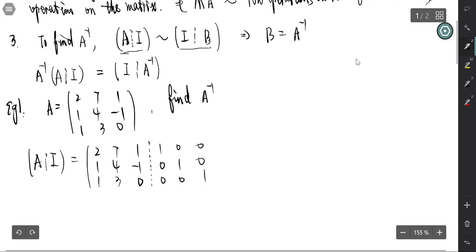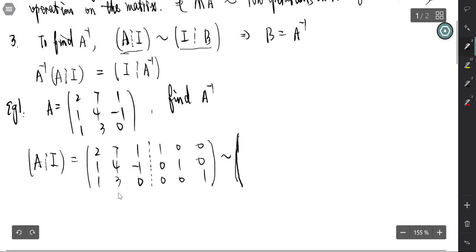We use dashed lines to separate these two parts. We only need to consider the first part and do the same row operations on the second part.